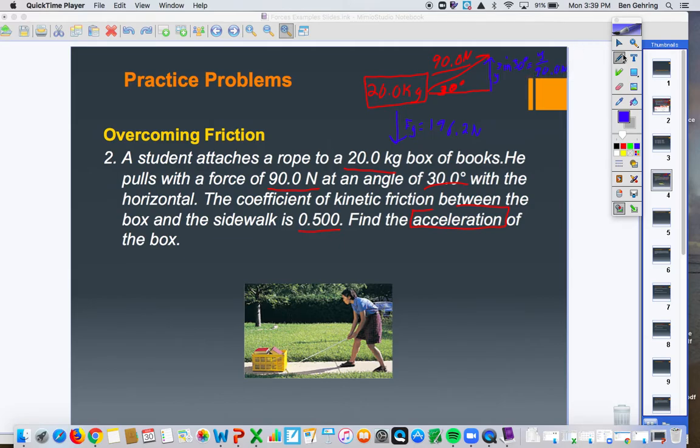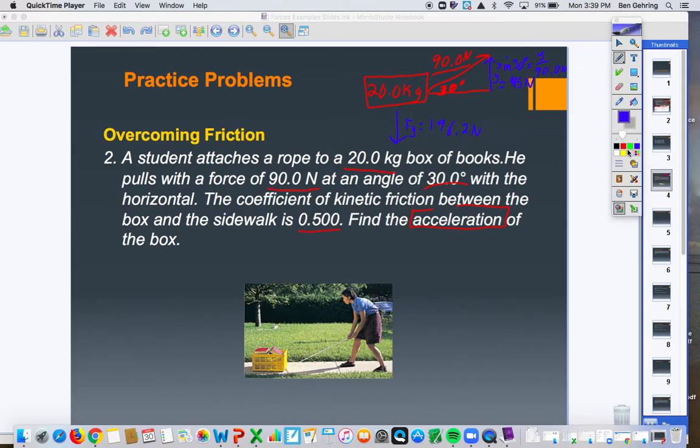And so then if I multiply 90 times sine of 30, I'm going to get my y value. And y in this case is equal to 45 newtons. So we have 45 newtons there.